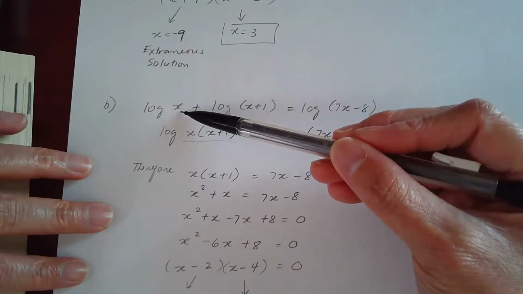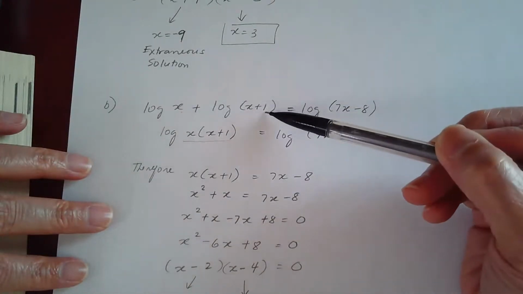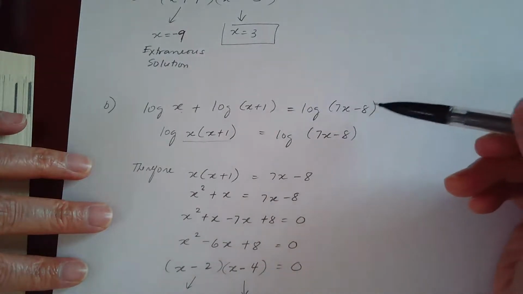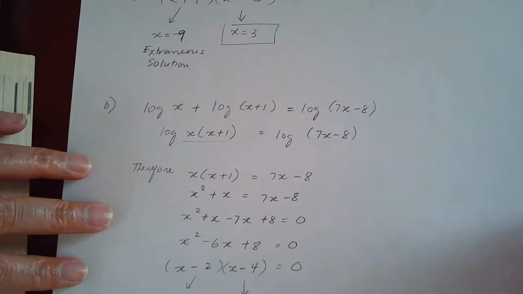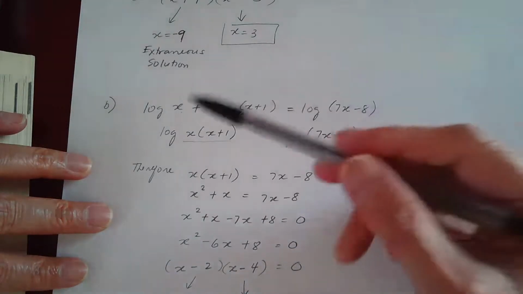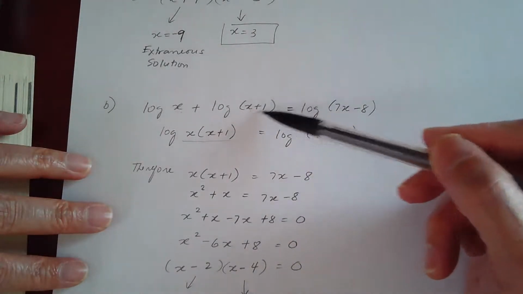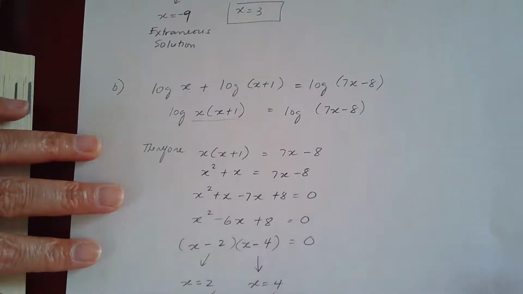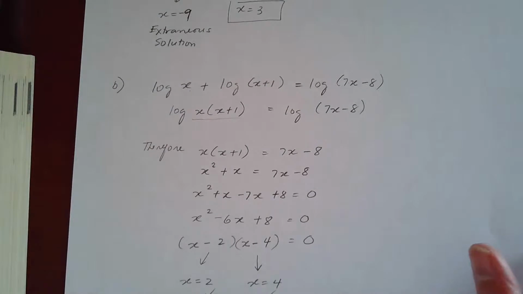If you put a 4 here, that's a positive, that's a positive, so that's okay. If I put a 4 there, that's a positive. Okay, so that works. If I put a 2, that's a positive, that's a positive, and that's also a positive. So they're both solutions. Okay, so that's number 17.